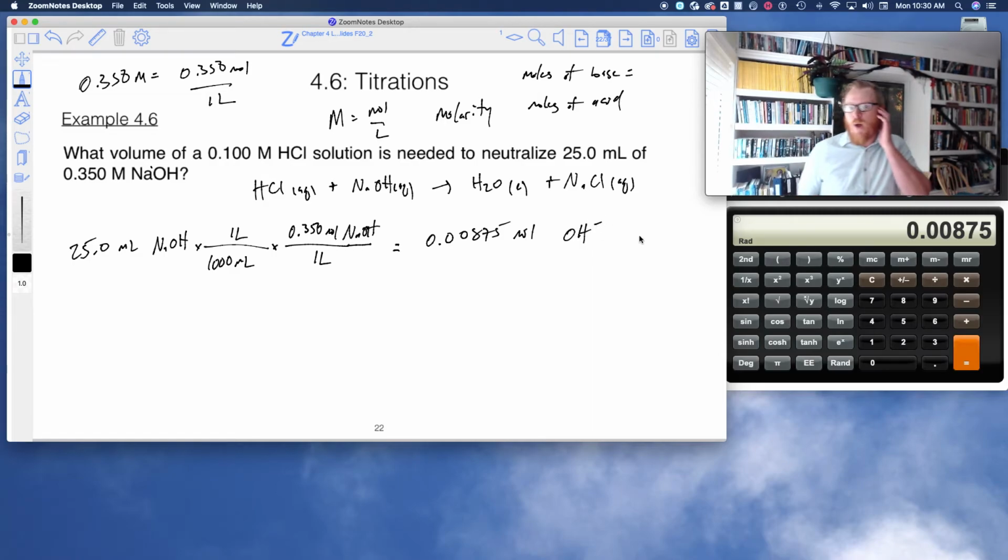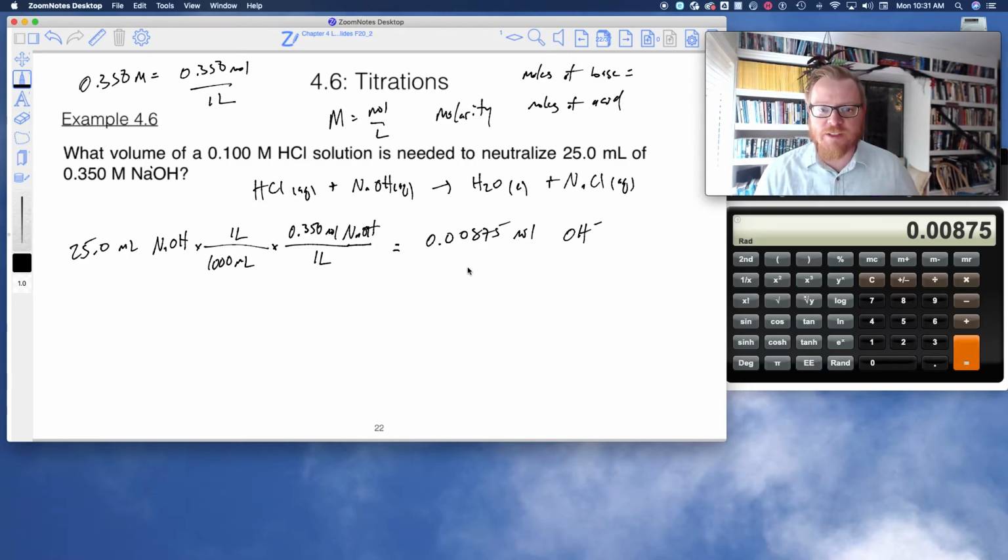It's NaOH as well, but really it's the hydroxide that we want. And I also want to point out, we didn't have to use molar mass. Keep that straight. I did not have to use molar mass because I had a volume and concentration. Okay, when you think volume, concentration, I don't need molar mass, sweet.